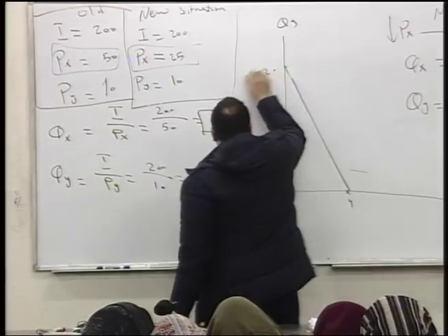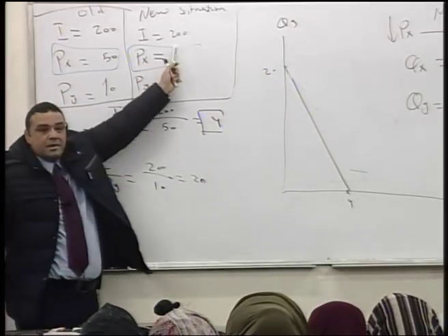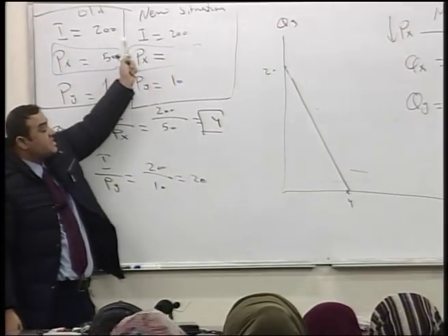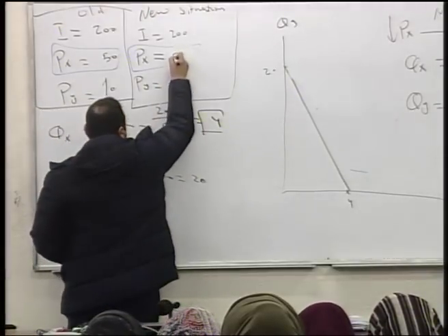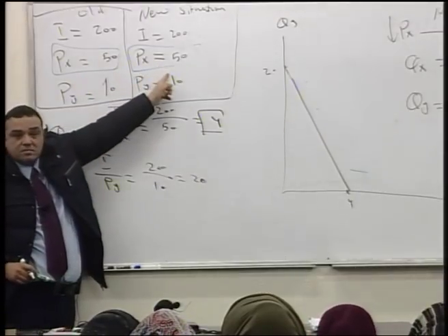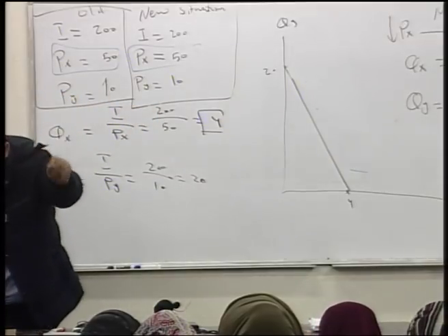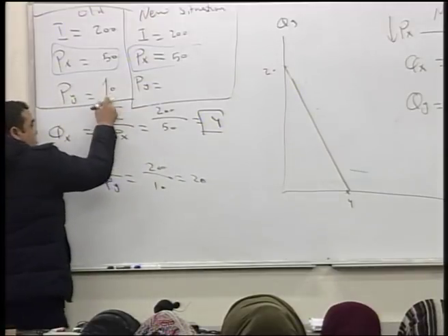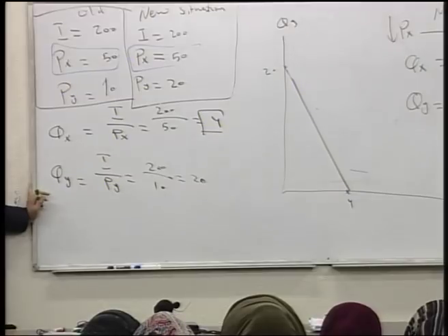What will happen here if the price of Y changes? The consumer's income remains constant at 200, and the price of X remains constant at 50. So here the assumption is the price of X has not changed, and the price of Y increased from 10 to 20. What will happen?